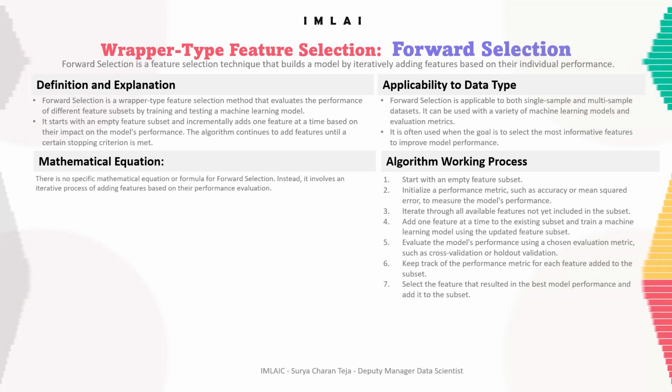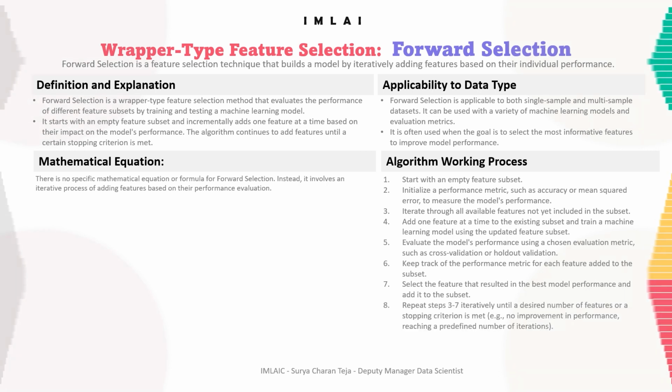Repeat steps 3 to 7 iteratively until a desired number of features or a stopping criterion is met, for example, no improvement in performance or reaching a predefined number of iterations, whatever it may be. So we have to repeat step 3 to step 7, which is iterating through all available features not yet included in the subset, selecting the feature that resulted in the best model performance, and then adding it to the subset.